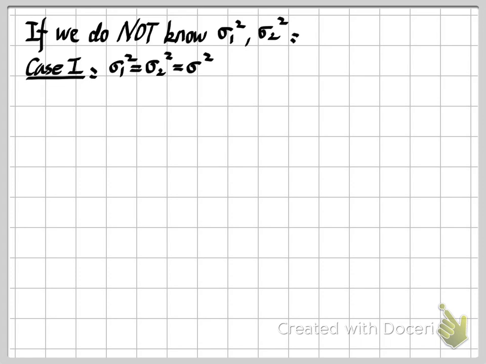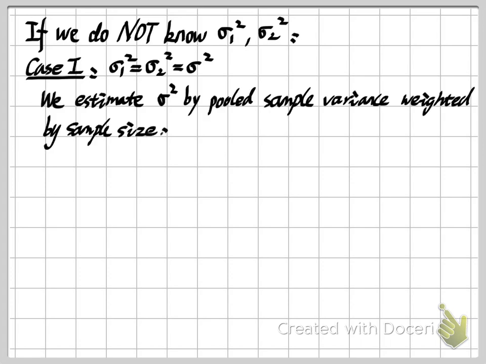What we should do here is the same. The only thing is that, because sigma 1 and sigma 2 are the same in our case 1, we will use the pooled sample variance, which is weighted by the sample size, to create the point estimator of our population variance.